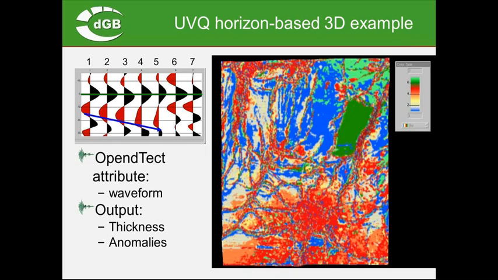Here is an example of a UVQ horizon-based, a 3D example. As you can see here, the input is the waveform and the output is thickness and anomaly. Here I will explain why the output is thickness and anomaly. As you can see, the reference horizon is mapped on a good peak. It's also one of the first conditions that your horizon should be well mapped in order to have a good result.